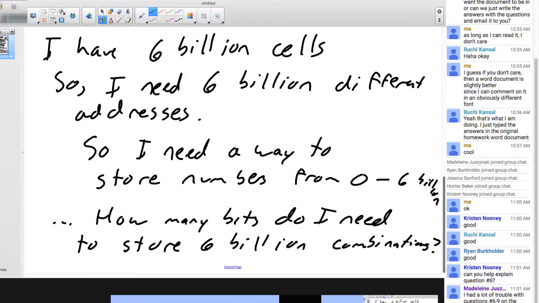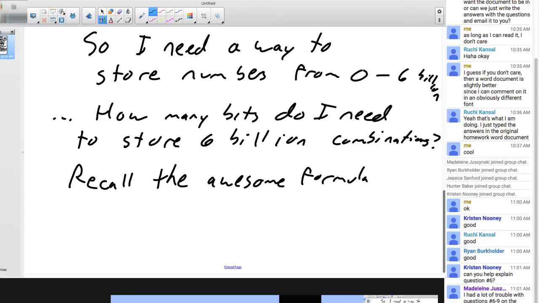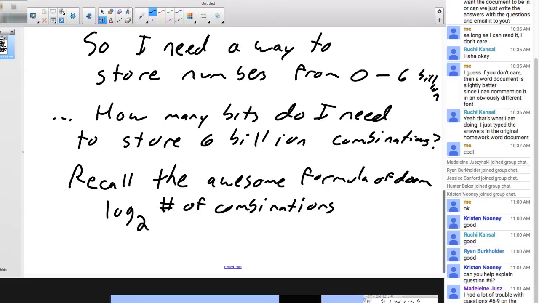And so all it's really doing is giving you a real application for the second awesome formula of doom. Recall the awesome formula of doom, which said that log to the base 2 of the number of combinations is the number of bits you need.